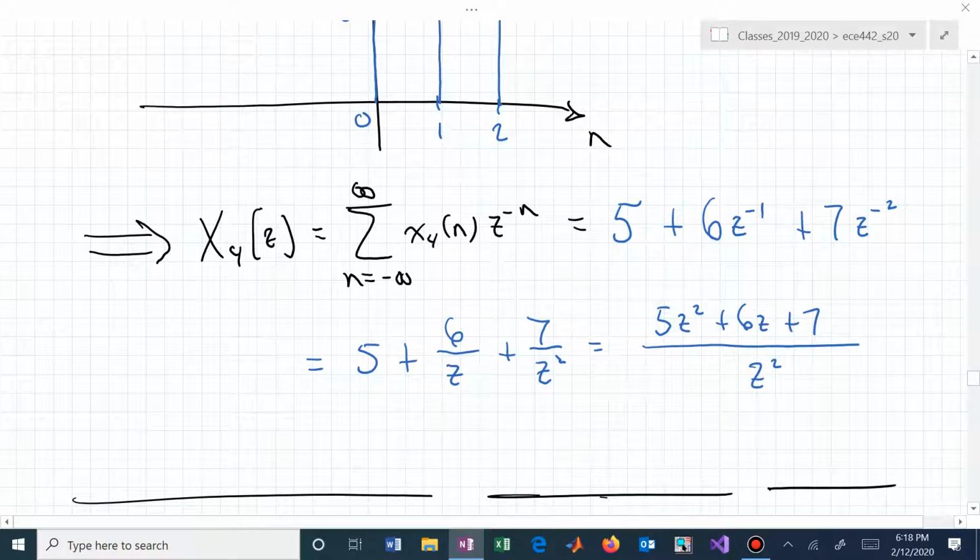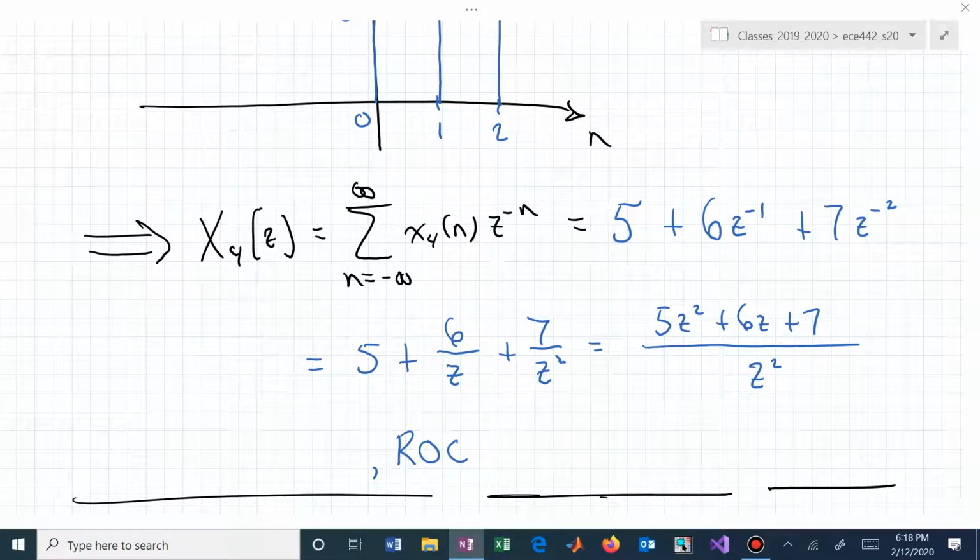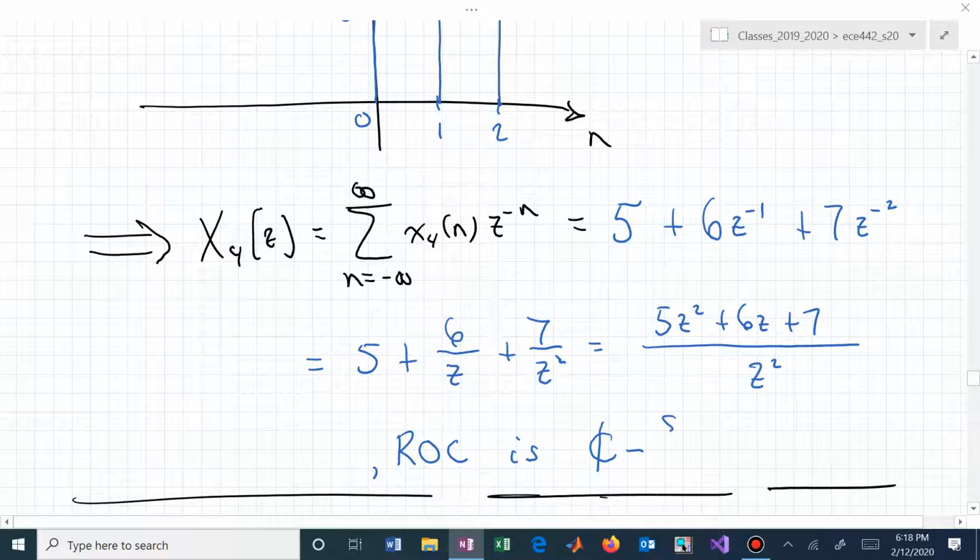And what's my region of convergence? What values of z allow this sum of 3 terms to be bounded or finite? All values except the origin, right? All values except when z is equal to 0. So here our region of convergence, we could say, is all complex numbers minus the origin.